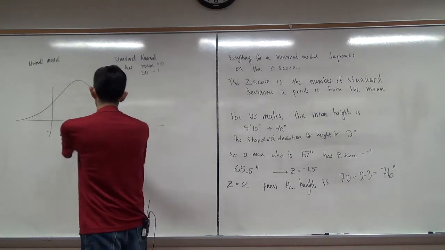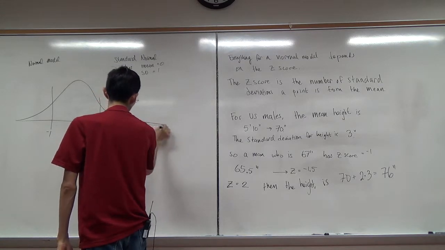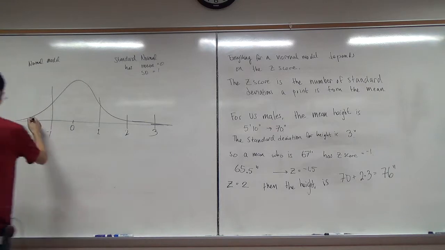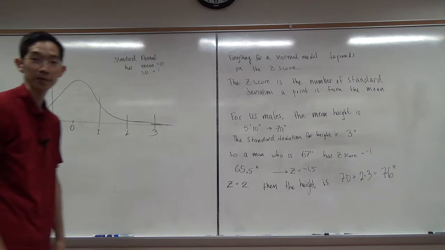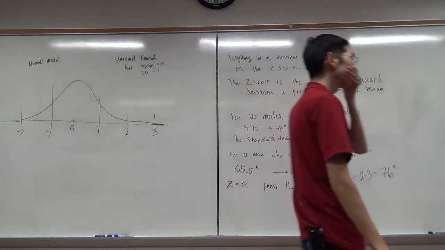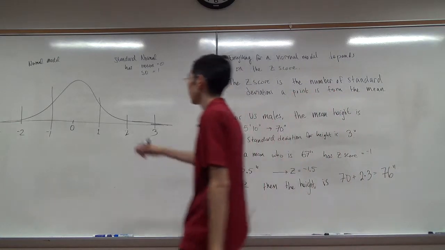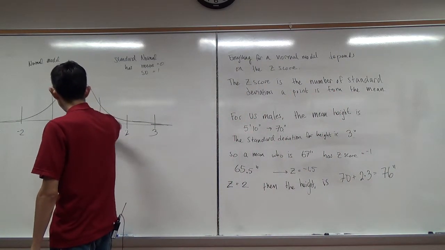And if this is 1, then this would be 2, and this would be 3. Going in the opposite direction, we have negative 2. My picture is not perfect, but something like so. It should go straight down.